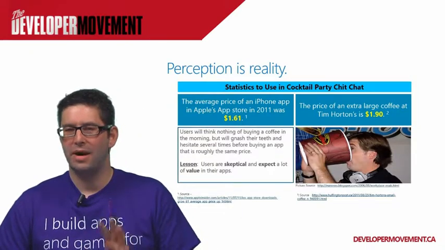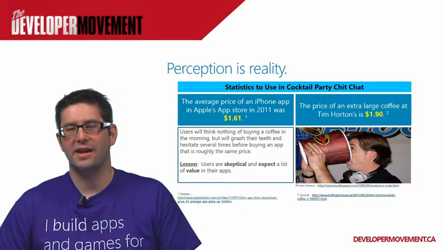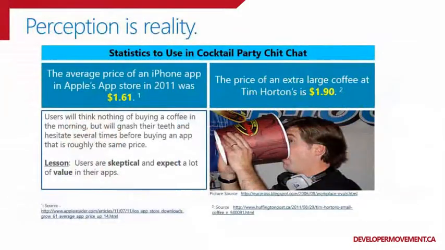Users will buy that cup of coffee in the morning and not think a second about it, right? They'll line up for 20 minutes or whatever it is in the Tim Hortons drive-through and get that coffee and go. And they won't think anything of it. They'll pass off that toonie and then they'll be on their merry way and have enjoyment for 20 minutes or however long it takes them to enjoy that beverage.